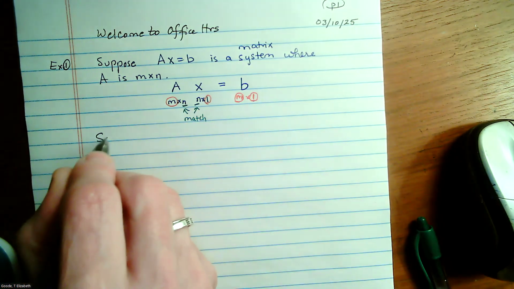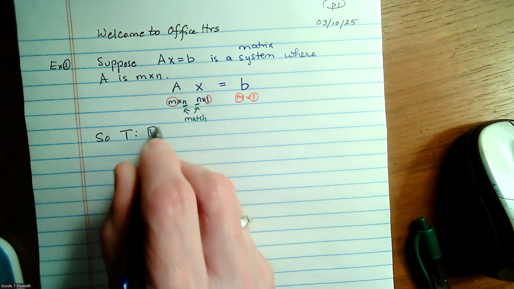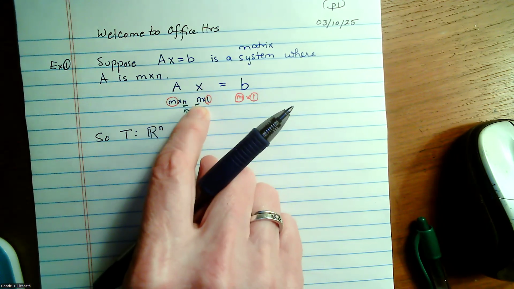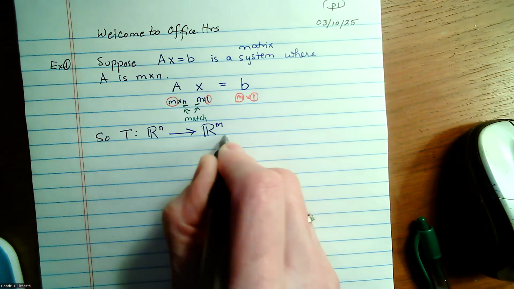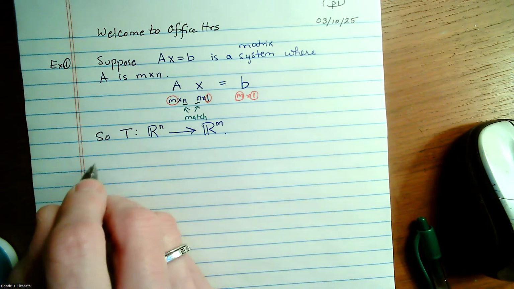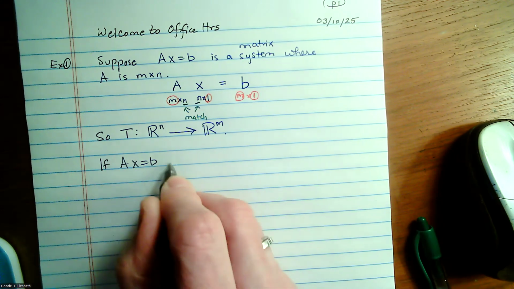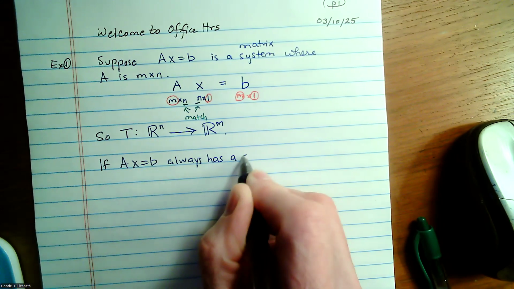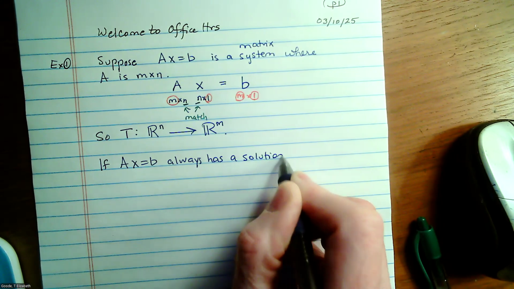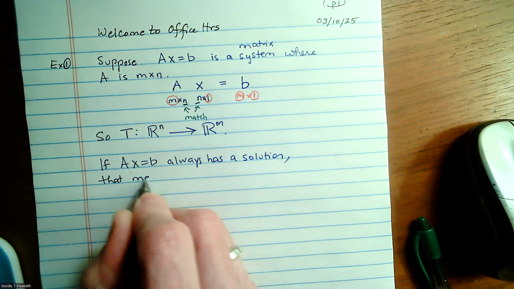So T takes a vector in Rn and maps it into Rm. Now, if AX equals B always has a solution, that means T is onto.